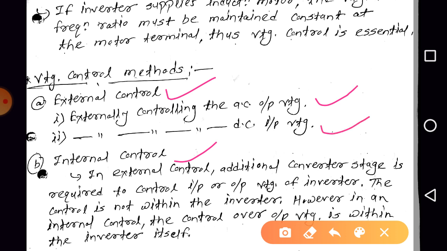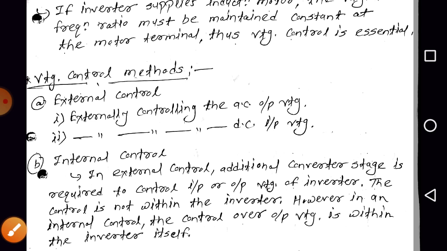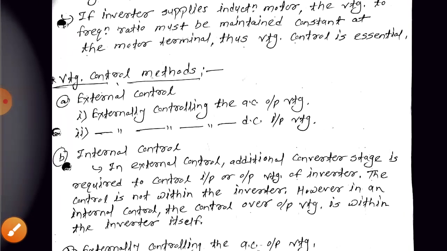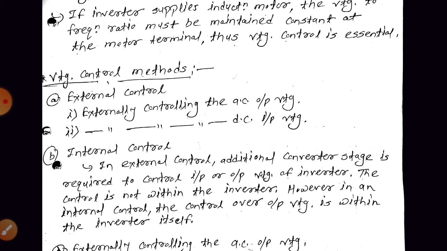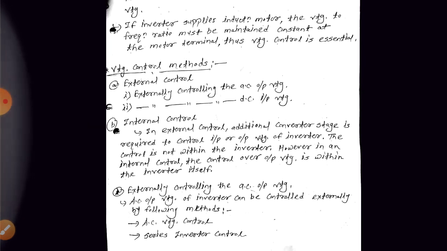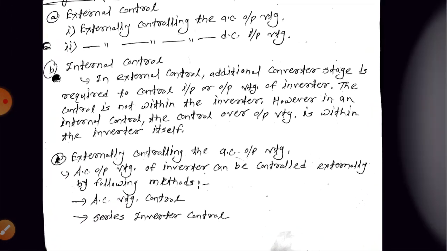As long as the technical part is considered, these two external control methods have only the block diagram type of theory. But the internal control is very important. Internal control means the control is inside the inverter circuitry itself. External control means we are simply adding external blocks or external devices.